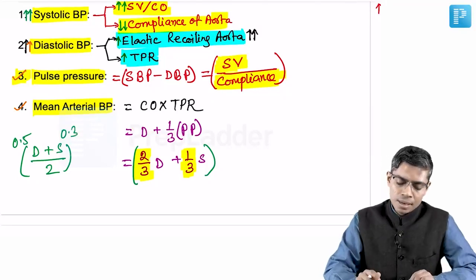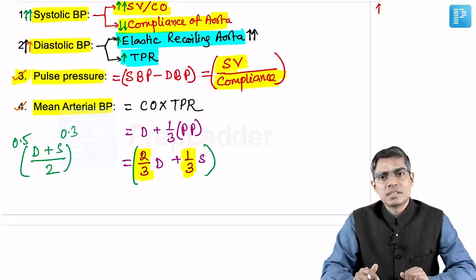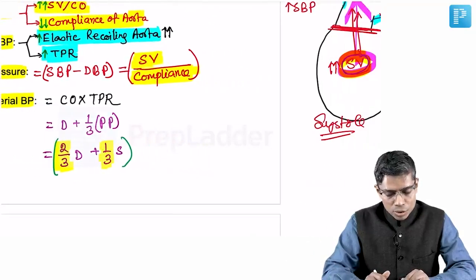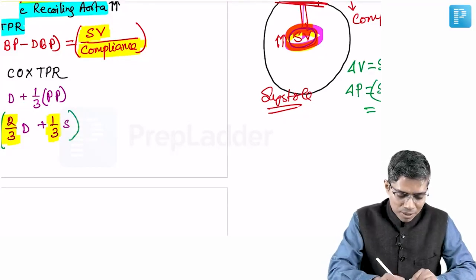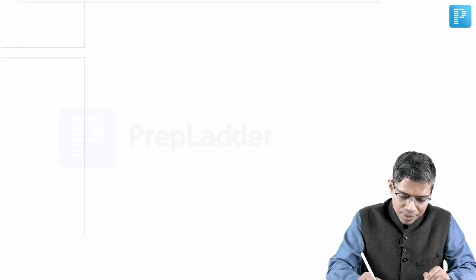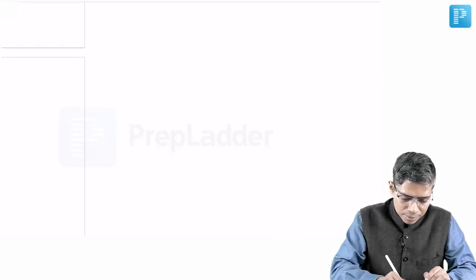Now, after discussing this mean arterial pressure, I will ask you to recall one important topic that we have discussed earlier, that is the aortic pressure curve, right? Could you recall that? So I am drawing this curve.